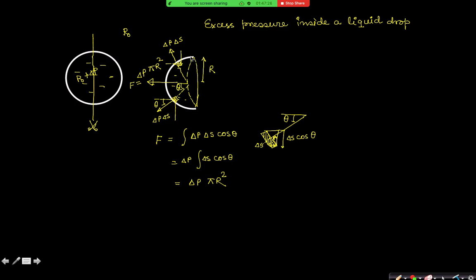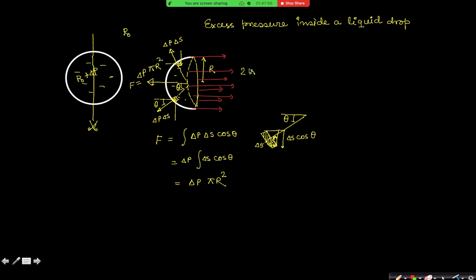So the surface tension force will act at all the free surfaces, and here there is only one free surface available, the air-water interface. Yes or no? Yes. So what is that surface tension force?